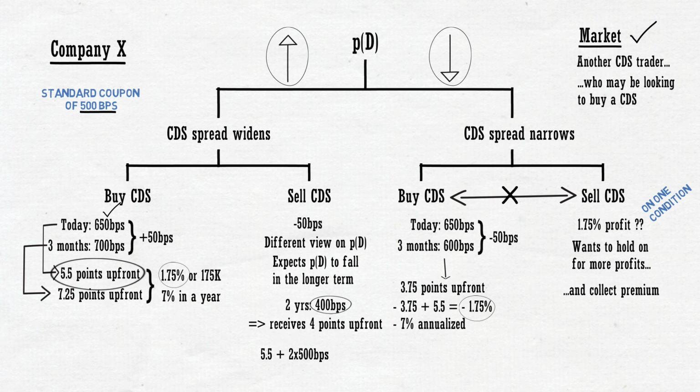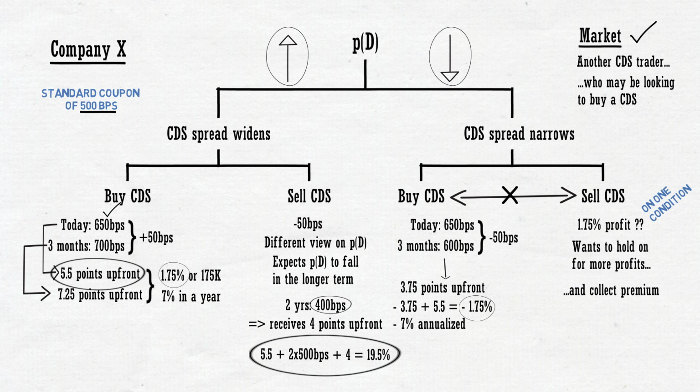So how much does the seller make? She made 5.5% of notional when she sold the CDS to you, plus she made 1,000 basis points in premium, and now finally when she's unwinding her position, she's making another 4% of notional. So that comes to 19.5% in total in the space of 2 years. That's almost 10% in a year.